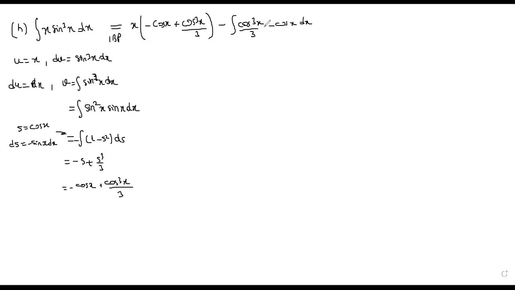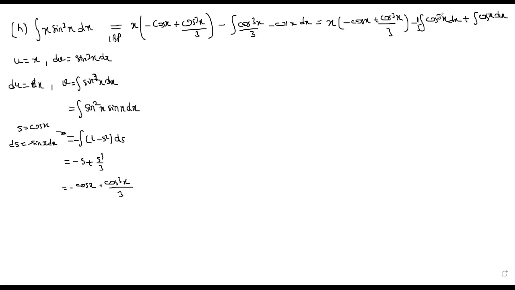Now if we separate that into 2, we have this minus cosine x plus cosine cube x over 3 minus, let's write that 3 outside, the integral of cosine cube x dx plus the integral of cosine x dx, right? We know how to integrate this.